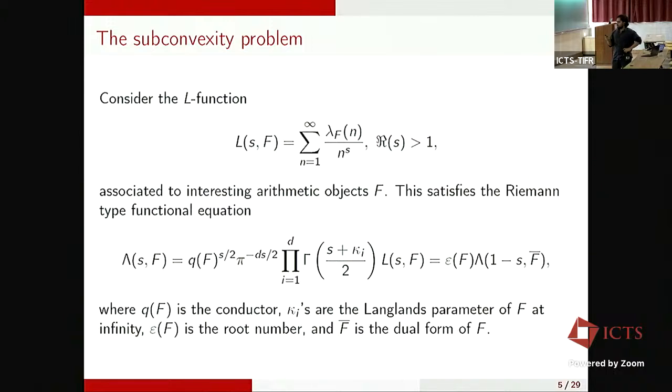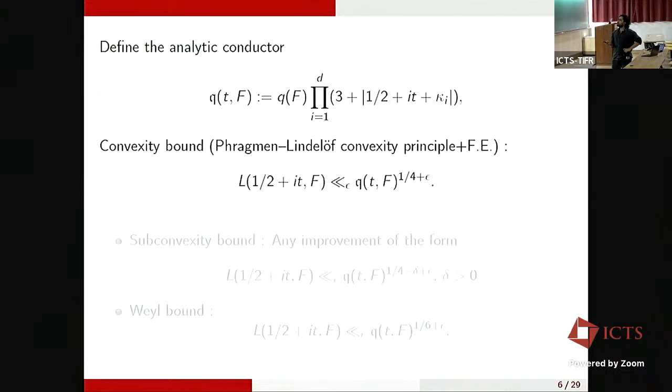Once we know this functional equation, if you define the analytic conductor to be the product of all the parameters appearing in the completed L-function, then just by using the Phragmen-Lindelof convexity principle along with the functional equation, you can get this bound, which is the analytic conductor to the power 1/4.